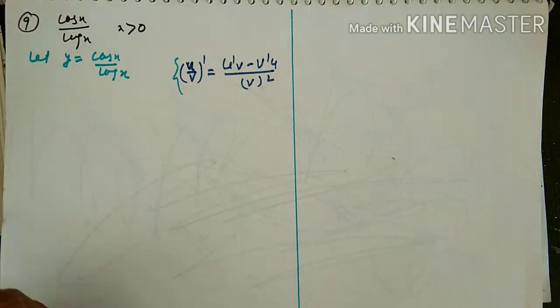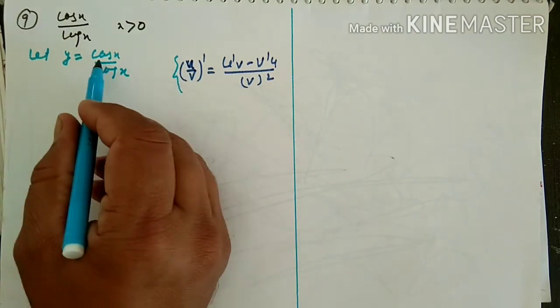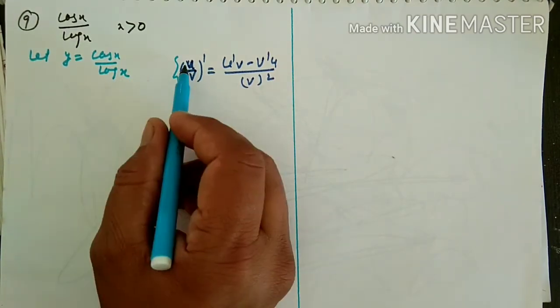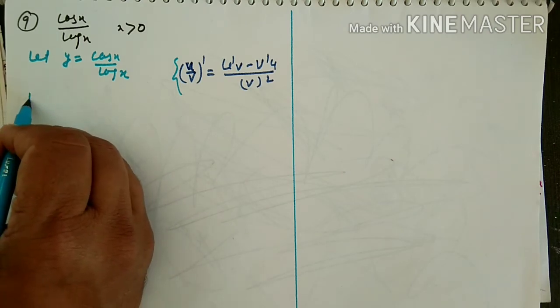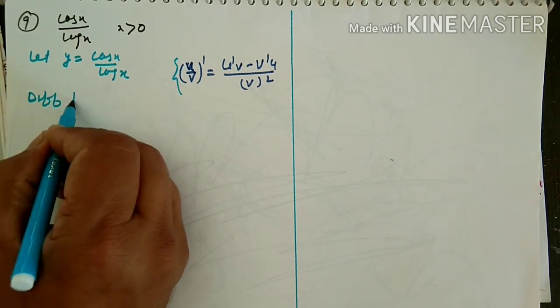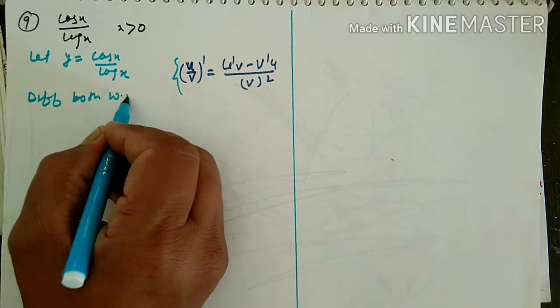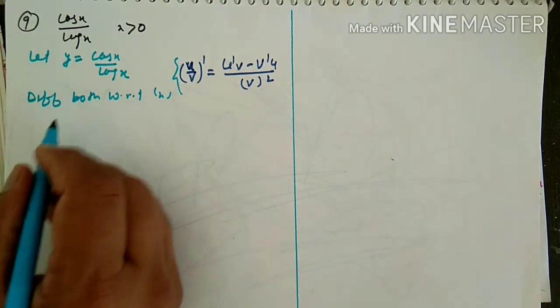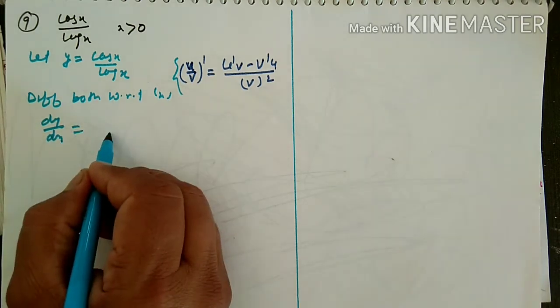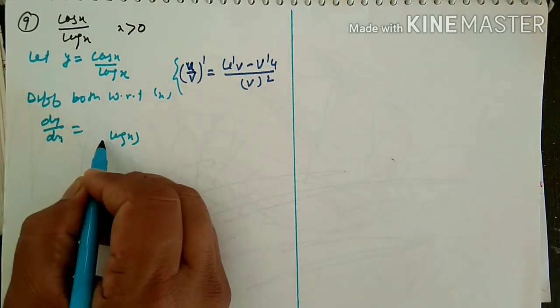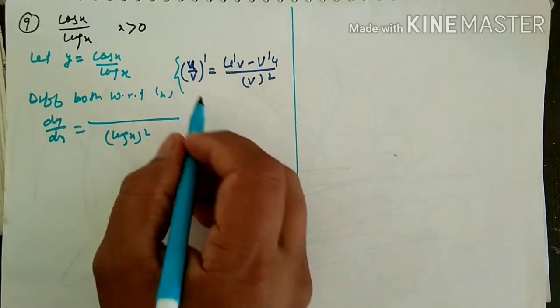So u and v we already have: v is log x and u is equal to cos x. So directly we can write, differentiating both sides with respect to x, dy upon dx is equal to log x whole square in the denominator.